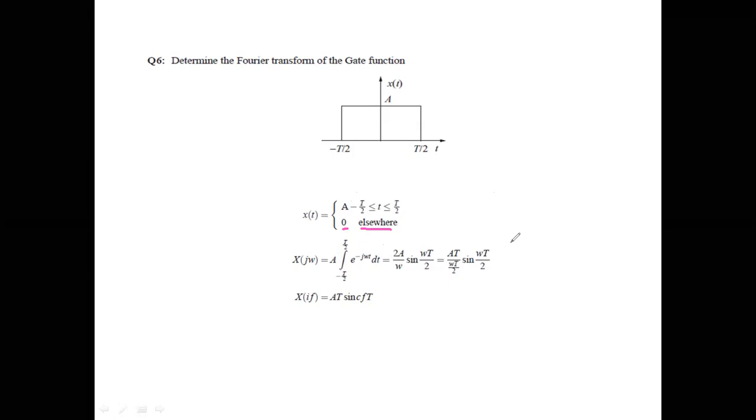Apply the integral of e power minus j omega t, you get e power minus j omega t by minus j omega, with upper limit T by 2 and lower limit minus T by 2. After simplifying, we get A T times sine of omega T by 2 divided by omega T by 2. Converting this into the sinc function, X of f is equal to A T into sinc of f T. Okay, my dear students, we already saw this in the last class.